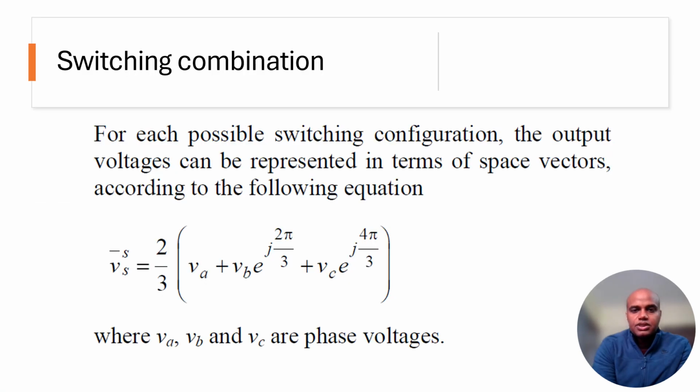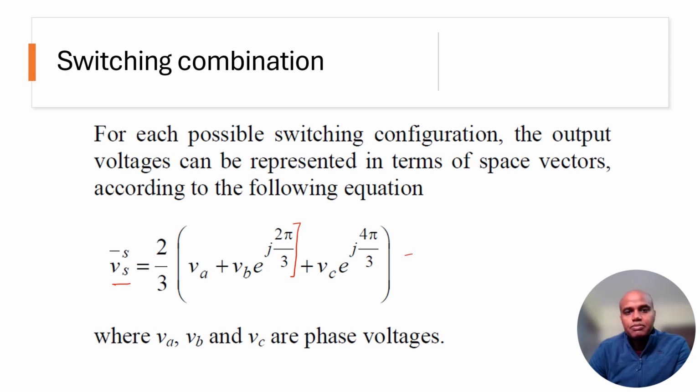Now let's understand how the switching combinations can create different voltage vectors. We know that for the three-phase inverter, the output voltage can be represented in terms of the space vector. This is my voltage space vector, equal to 2/3 times VA plus VB e^(j2π/3) plus VC e^(j4π/3). This is the operator representation in rectangular form.